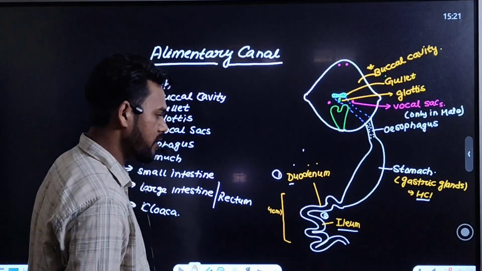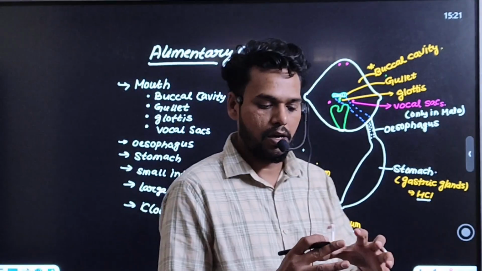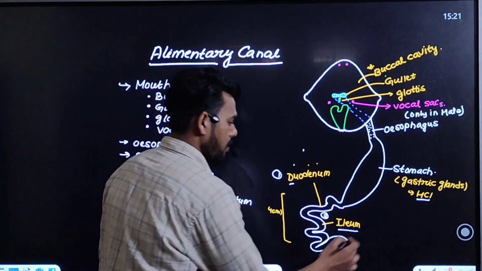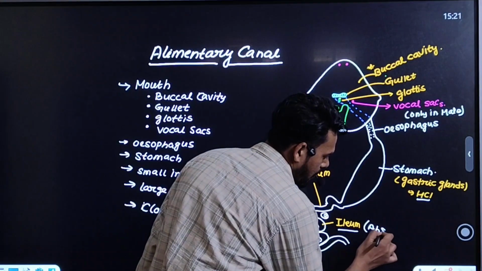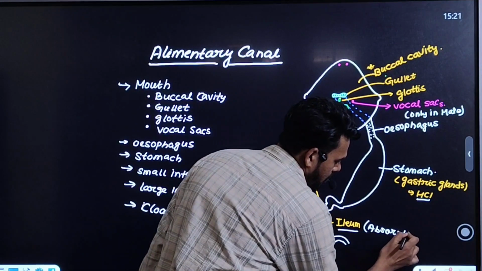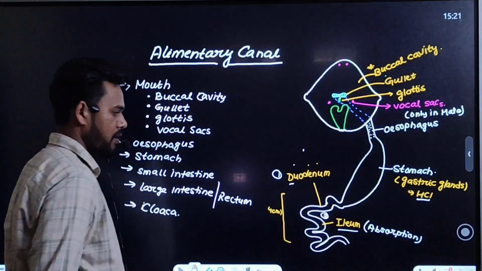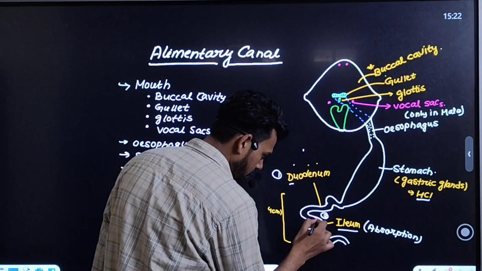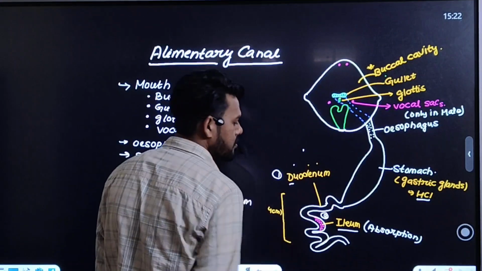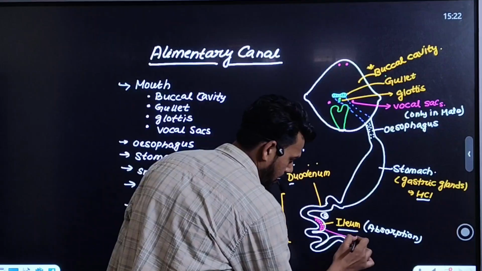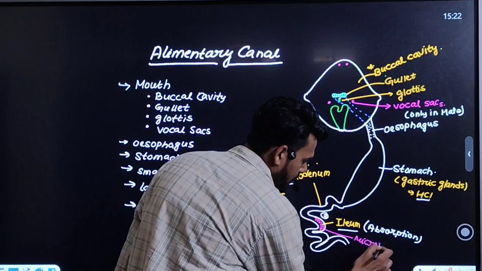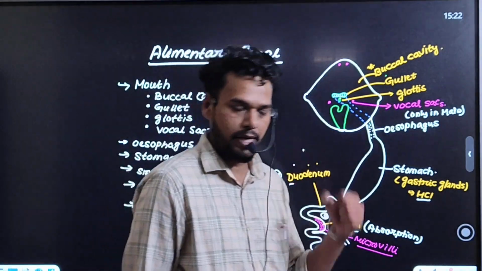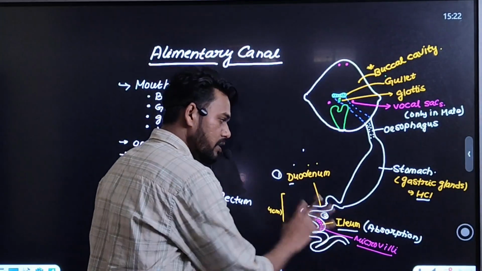Ileum, the last part of small intestine, is the site where the complete digestion of food takes place. It is also the site of absorption. The ileum of frog consists of various types of finger-like structure inside. This finger-like structure is called microvilli, which helps maximum absorption of food into the blood.